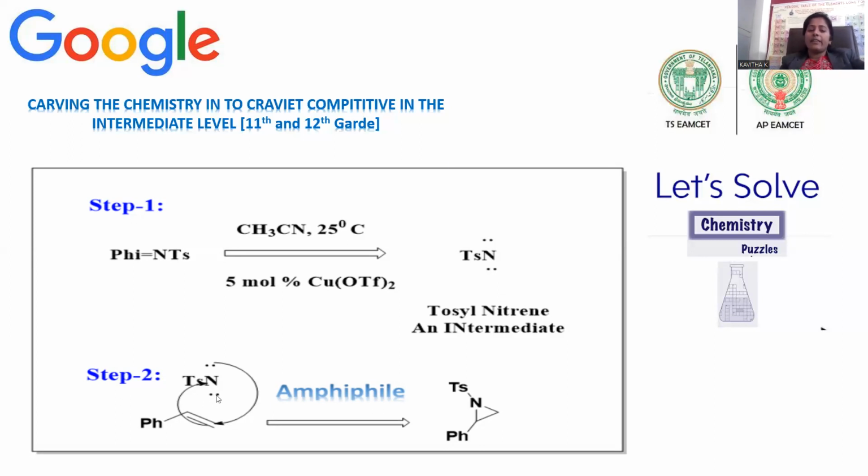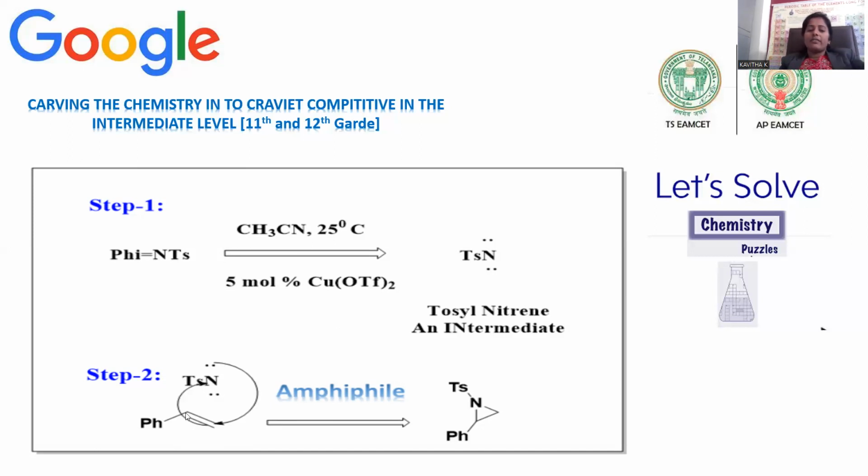Here the nitrene has a lone pair, so it will donate, and one vacant orbital will be there that will accept the electrons. That's why if you observe clearly in step 2, two arrows are there. One arrow is inclined towards the nitrene, meaning it is taking up electrons, and the other arrow starts from the nitrene, meaning the lone pair is given to the double bond. That's the reason why we can say nitrene is part of the ambiphile, giving electrons, taking electrons as well.